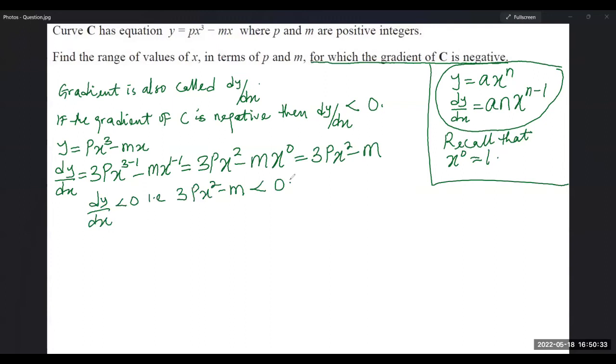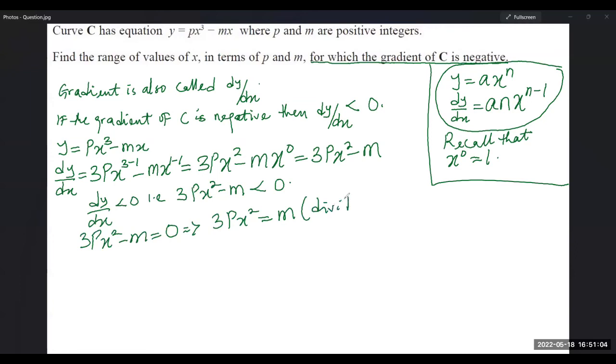From here, we can see that x has two values. If we reconsider that 3p x squared minus m is equal to 0, that implies that 3p x squared is equal to m.